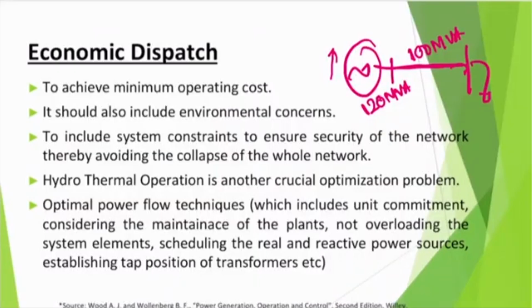Now there is one more interesting concept known as unit commitment, though we will discuss it in detail in due course of time. In unit commitment, if you have n number of generators, one option is to switch on all the generators and extract the optimal operating point so that it is economical.